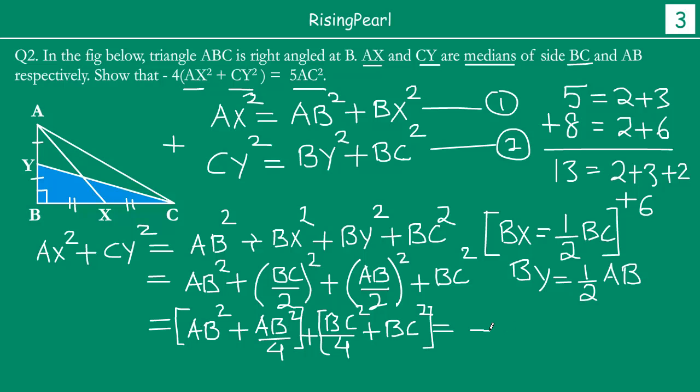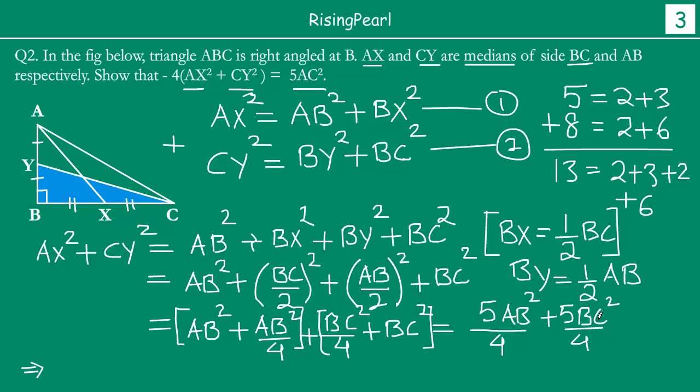So if you take LCM, you will have 4, and then you will have 4AB square plus 1AB square. You will get 5AB square plus, similarly here you will get 5 by 4 BC square, or 5 BC square by 4.